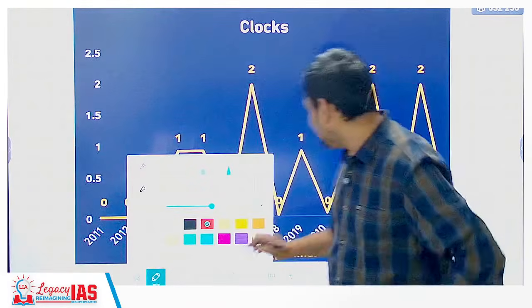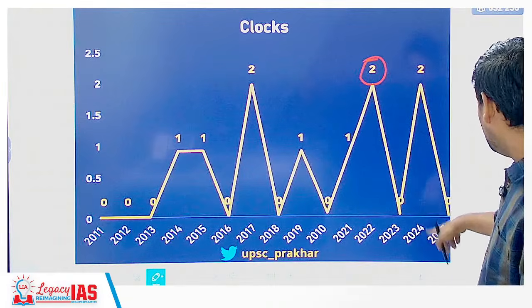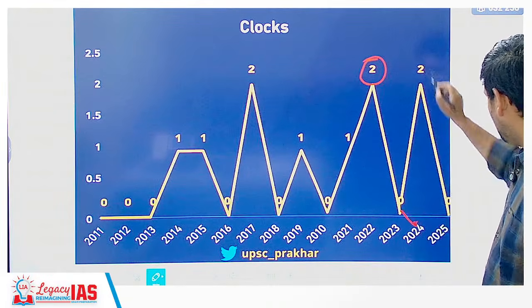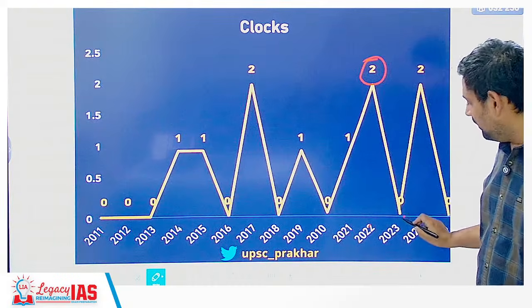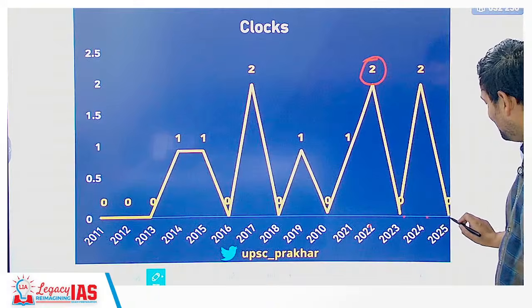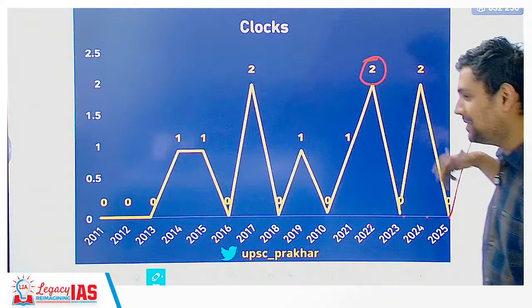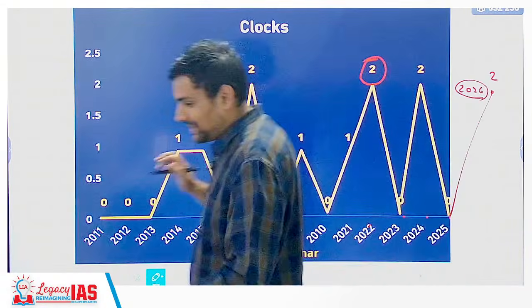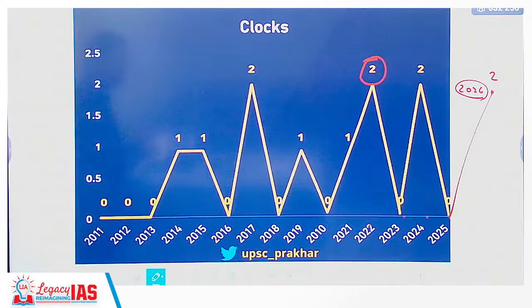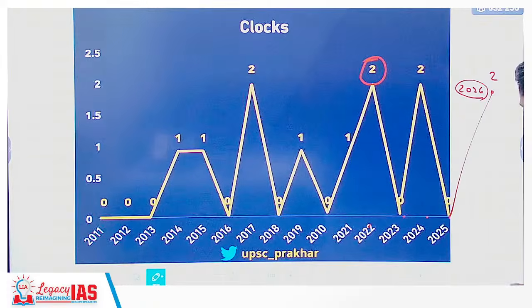If you see carefully, there were two questions in 2022, 0 in 2023, 2 in 2024, 0 in 2025. In all probability, if you go by this series, you will have two questions in 2026. If this is so then this becomes an important chapter. So let's get started with it.